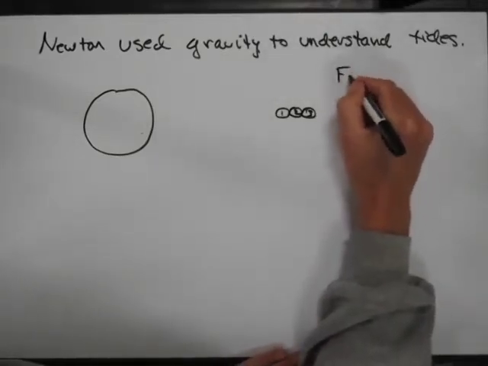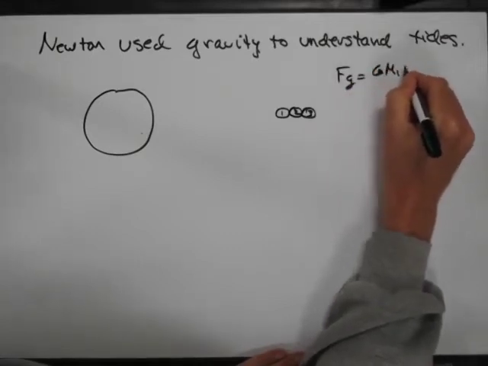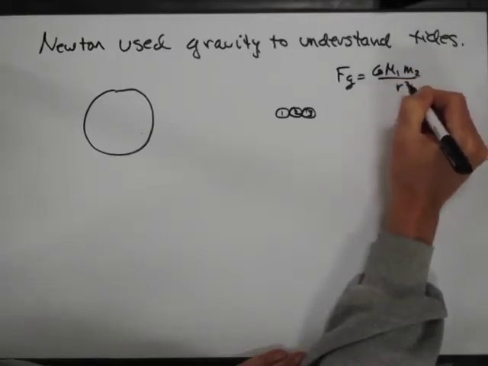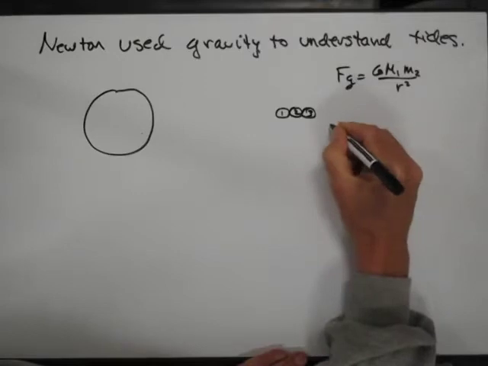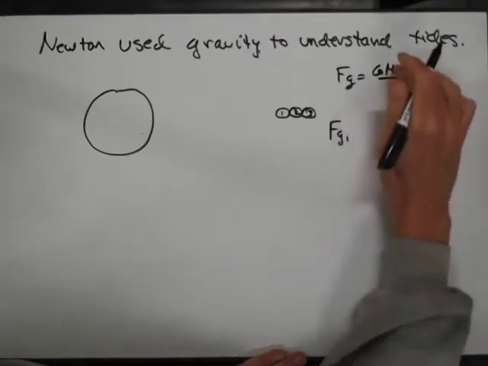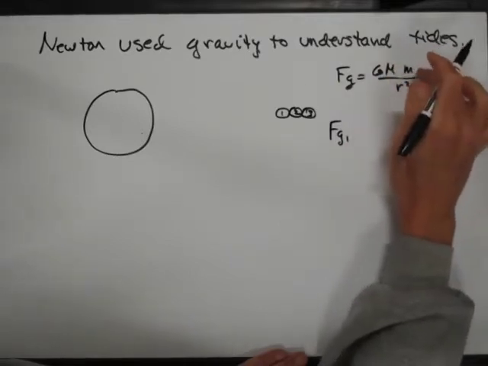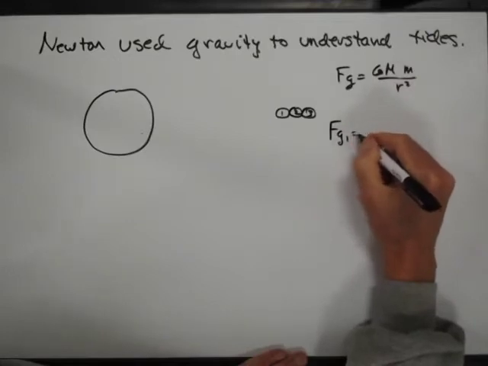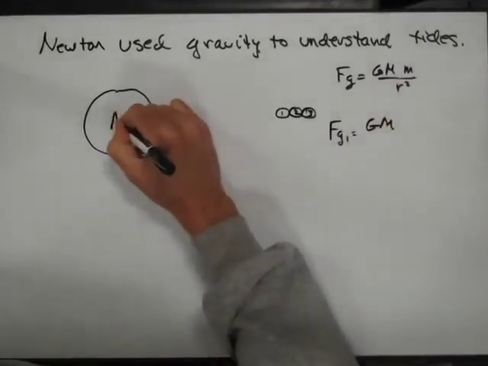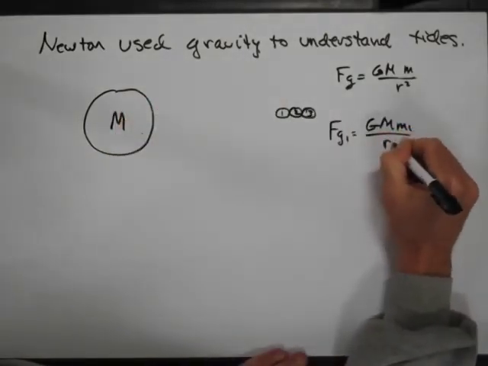So if you remember, the force of gravity is G times the mass of one object times the mass of the other object over the distance between them squared, right? And so if I wanted to look at the force of gravity on object 1, I'll call that big M and little m. Then I can say that's G times this object, which we'll call M, times M1 over R1 squared.